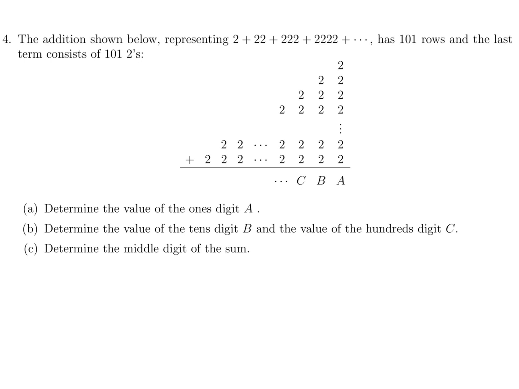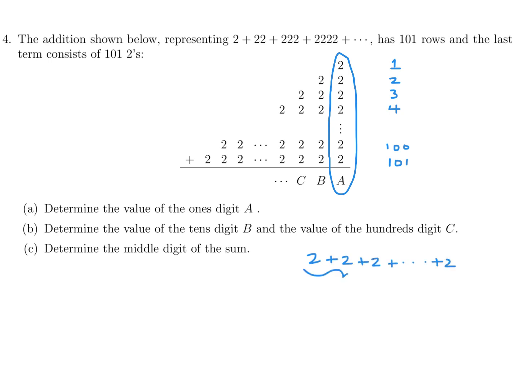Well, I guess we just have to add up all these guys right here. And they told me there's 101 rows, so I'll just write this is the first row, this is the second row, third row, fourth row, and the last one is the 101st row. So when you add up that column, basically it's 2 plus 2 plus 2 plus dot dot dot plus 2, and there's 101 of these 2's.